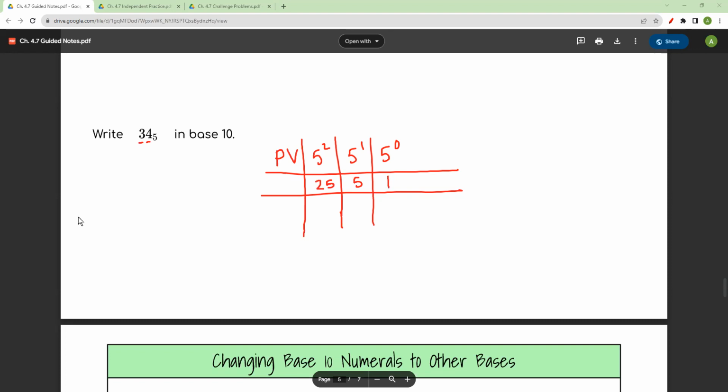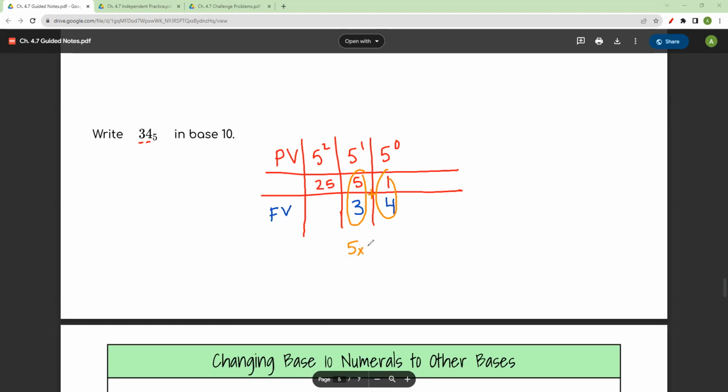Now step 2 is to put in the digit values. Just like when we do base 10, we start all the way to the right, so the 4 and the 3. Now step 3 is to write the numeral in expanded form. So we're multiplying and then adding together.